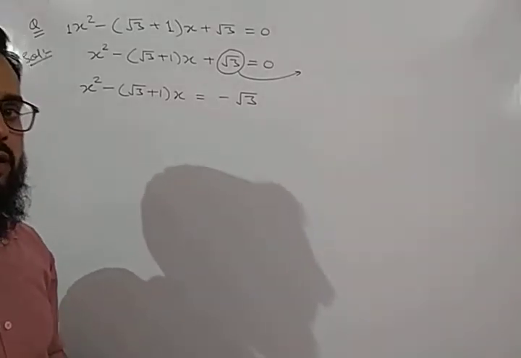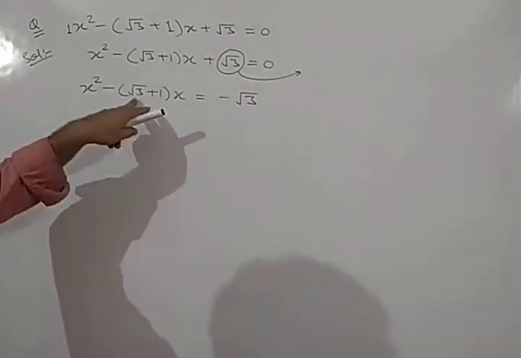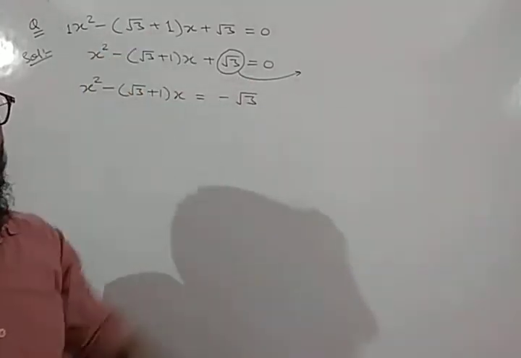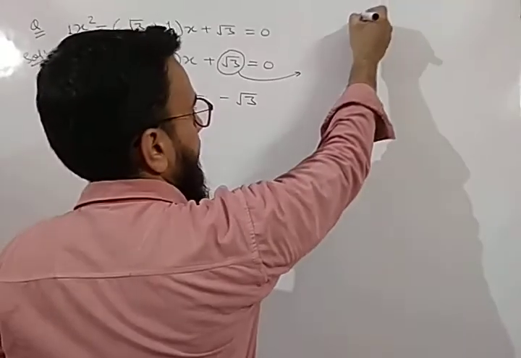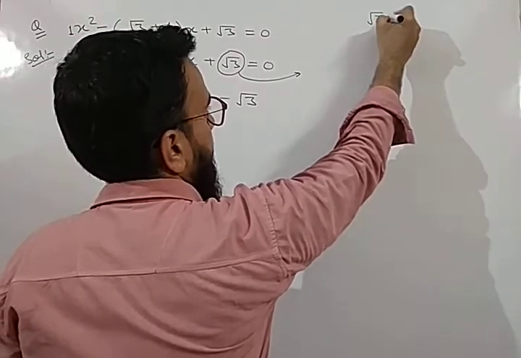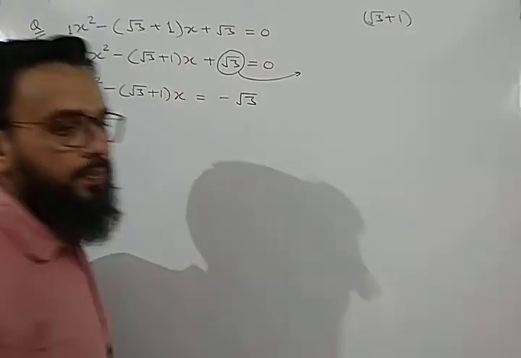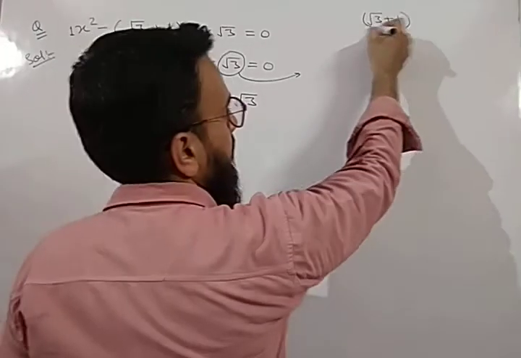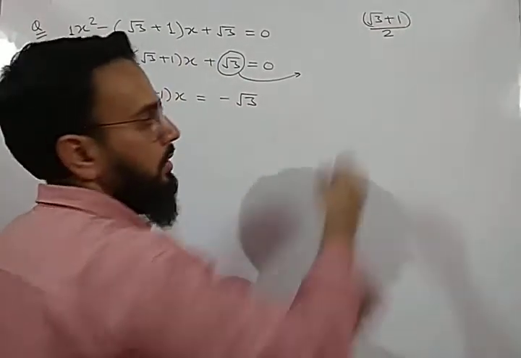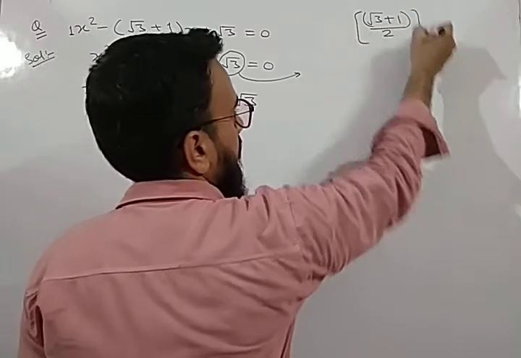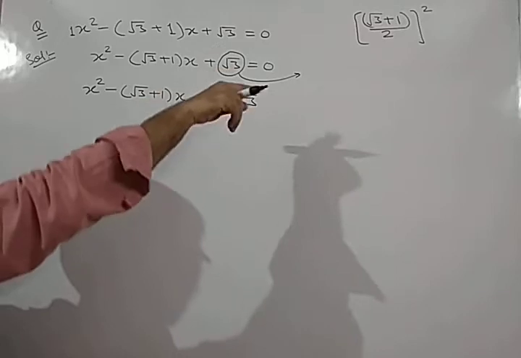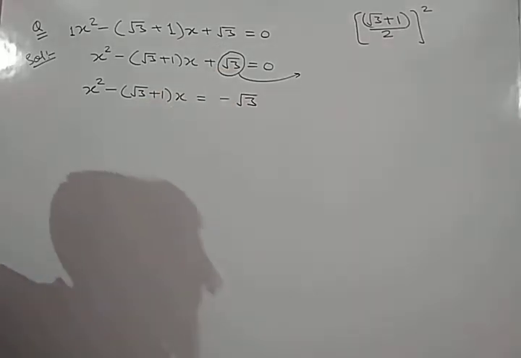Now what is the third step? We have to take half of the coefficient of x and its square, and add it on both sides. The coefficient of x is root 3 plus 1, and its half will be (root 3 plus 1) by 2. We have to add the whole square of this term, that is, (root 3 plus 1) by 2 whole square, on both sides.